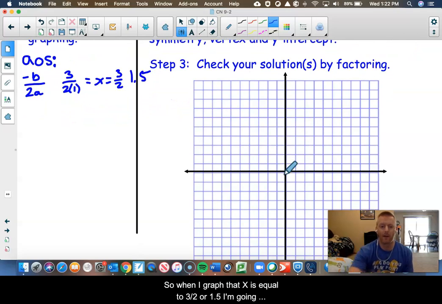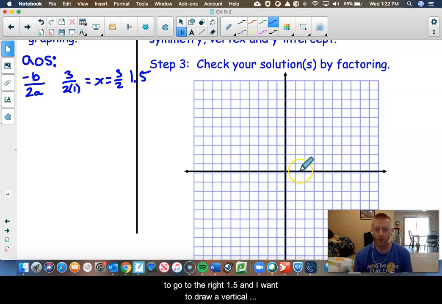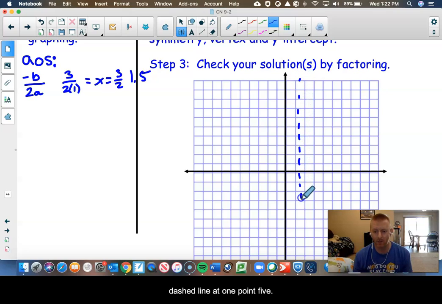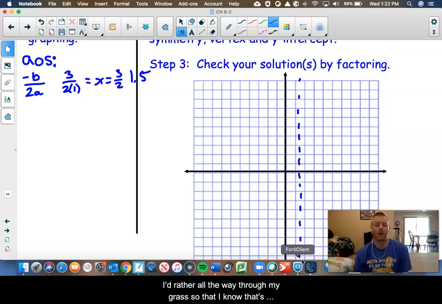So when I graph that, x is equal to 3 over 2, or 1.5, I'm going to go to the right 1.5, and I'm going to draw a vertical dashed line at 1.5. Now I draw that all the way through my graph so that I know that's the halfway point. That's where we're going to fold things.